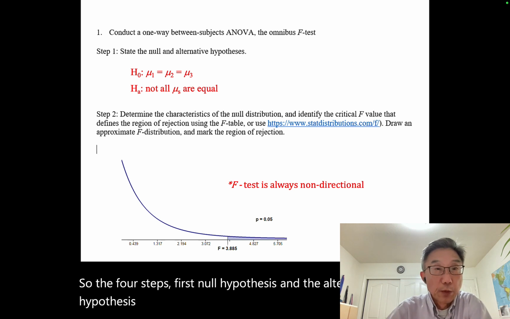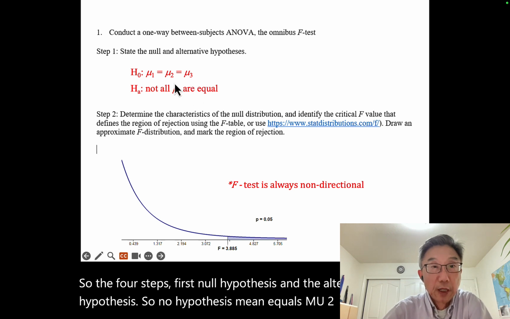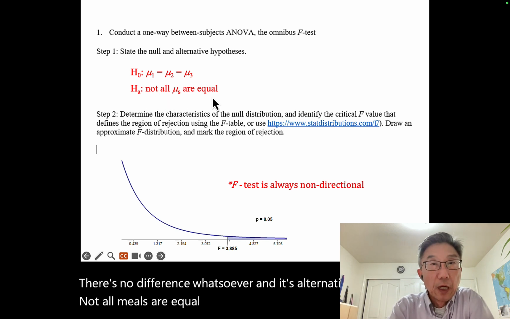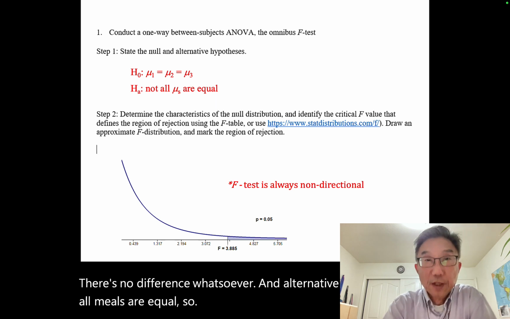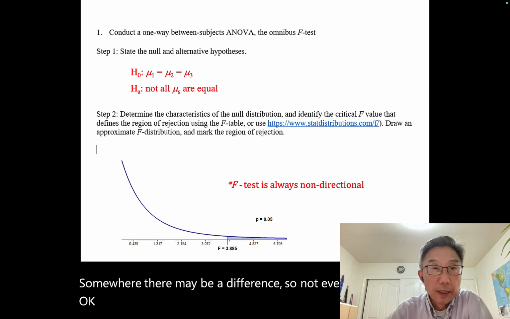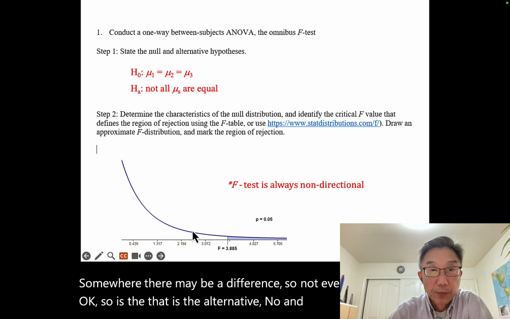The null hypothesis is mu1 equals mu2 equals mu3, so there's no difference whatsoever, and the alternative hypothesis says not all mu's are equal. So somewhere there may be a difference. So not everything is equal.